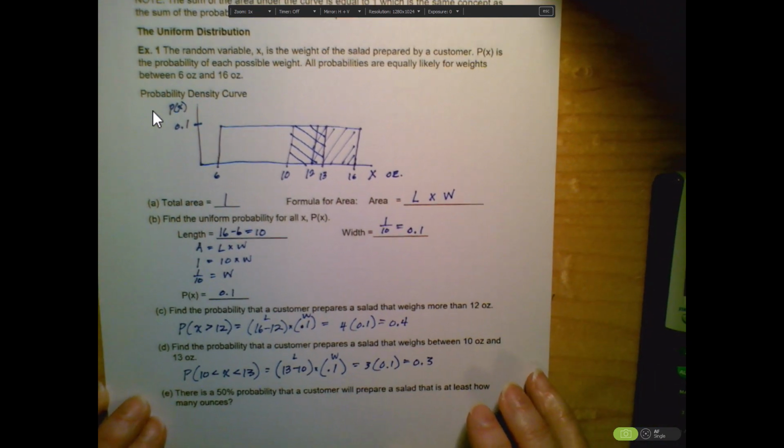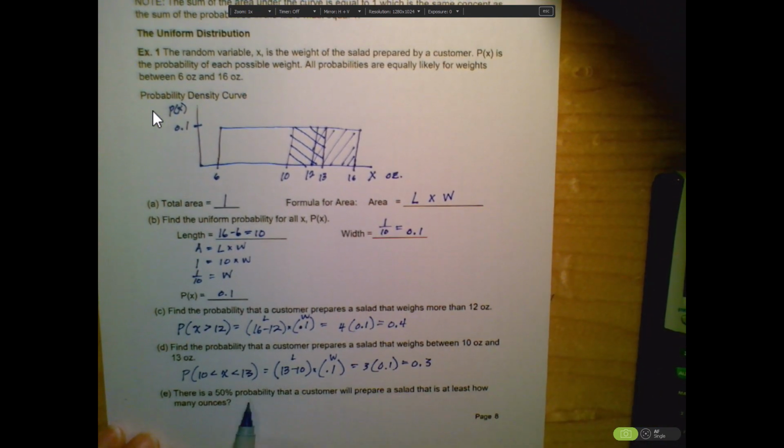All right, the last question actually gives us probability, a 50% probability, which we know to be 0.5, right? That a customer will prepare a salad that's at least how many ounces? So the least would be what if it's 50% chance? We saw that that would be a 40% chance that they would prepare one greater than 12.